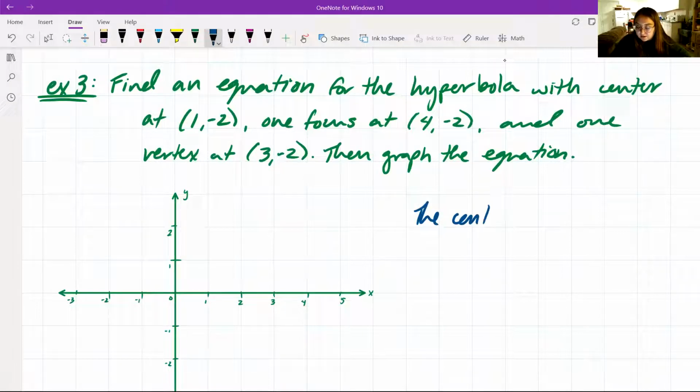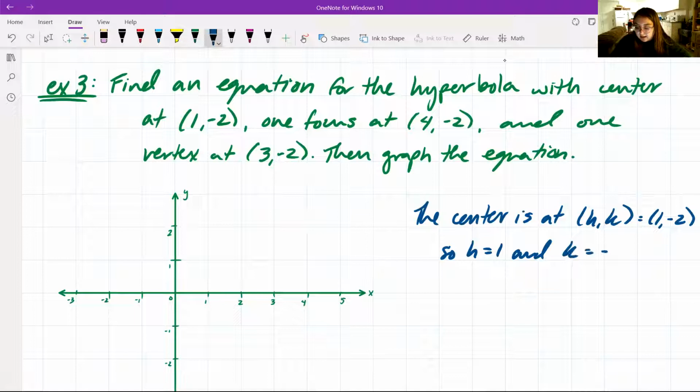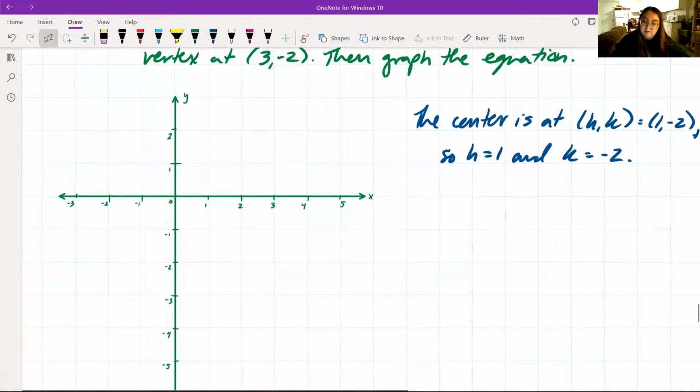So the center is at h comma k, which is equal to 1 comma negative 2. So h is equal to 1 and k is equal to negative 2. So by knowing the center, we were able to determine our values of h and k fairly quickly.